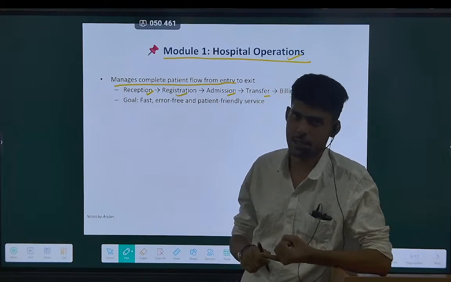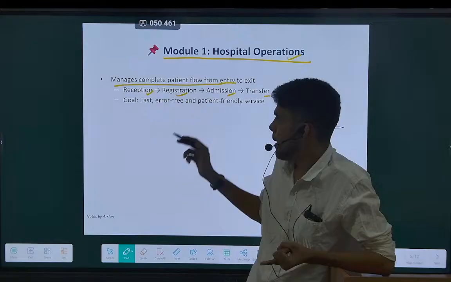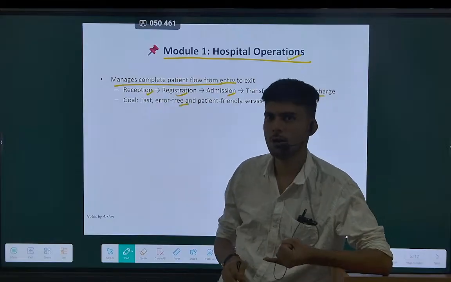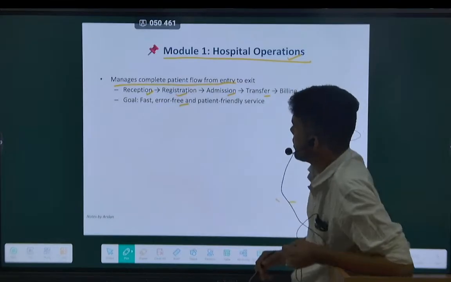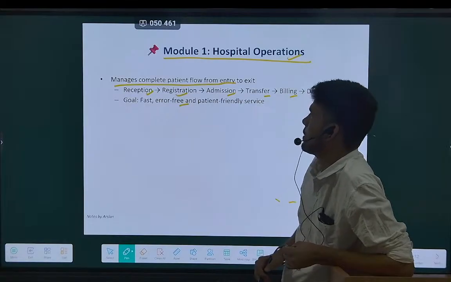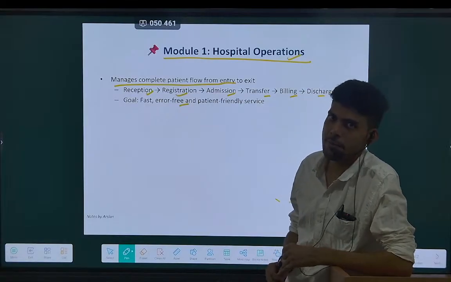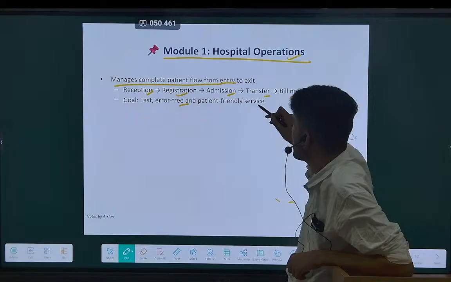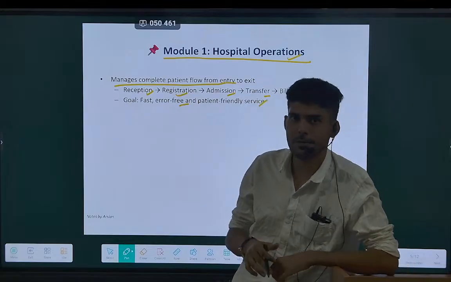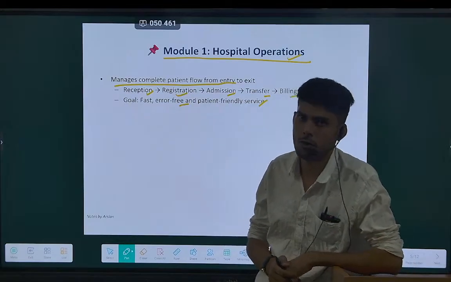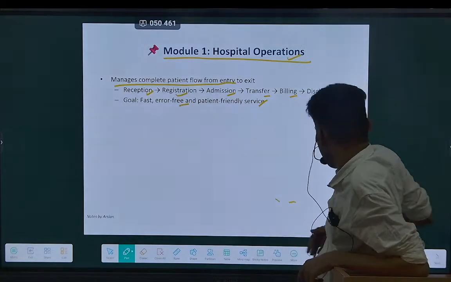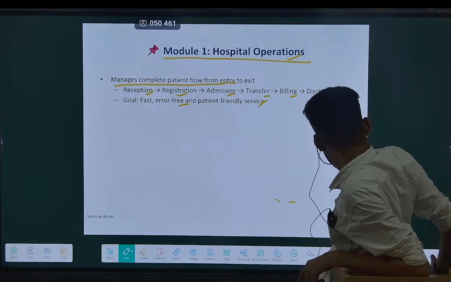You need to be fast, error-free. It is a matter of health, so no error is acceptable. And patient-friendly service. You need to be friendly with patients because they are coming to you, so they are a customer and you are earning from them. So you need to be friendly with them.